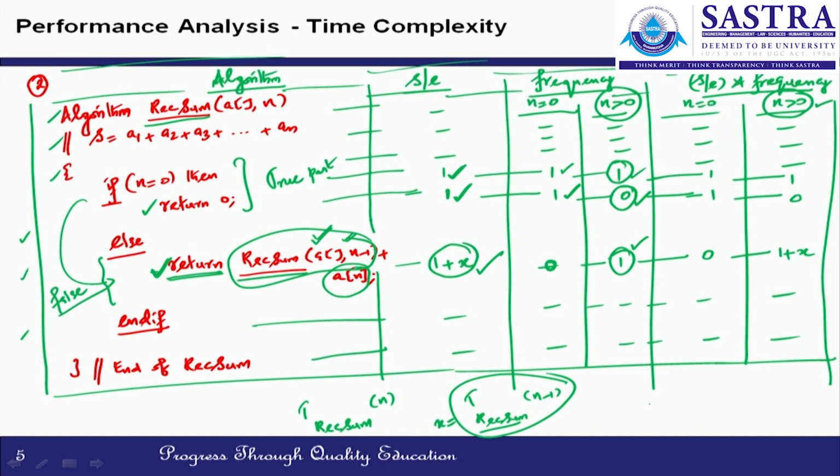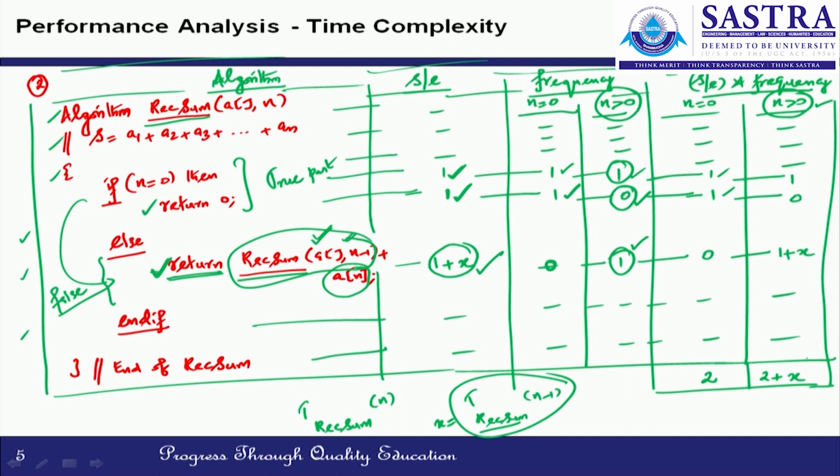Since we have two cases, we need to find the sum for when n is equal to 0. When n is equal to 0, the sum is 1 plus 1, this is 2. When n is greater than 0, the sum is 1 plus 0 plus 1 plus x, which results in 2 plus x.